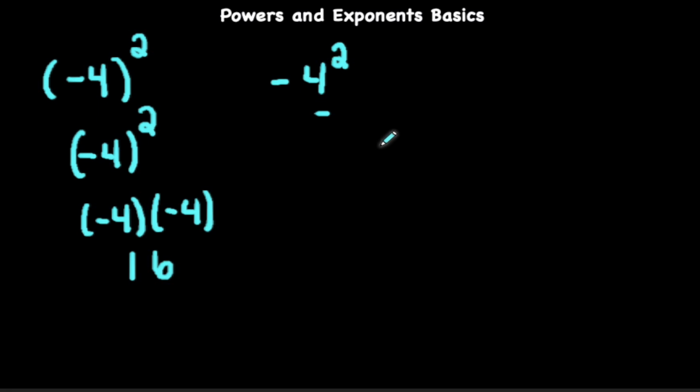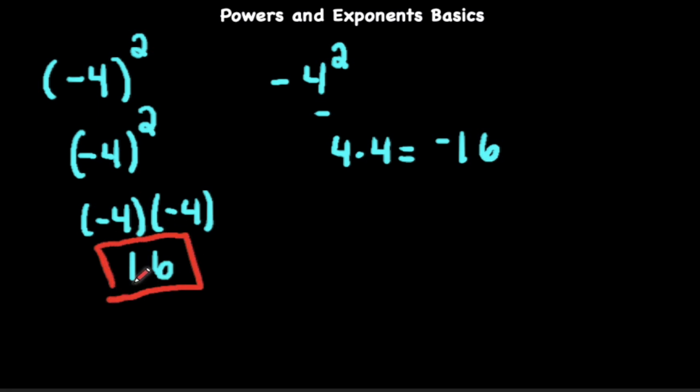All right, so what you're going to do is multiply 4 times 4, right? So 4 times 4 equals 16. Then you're going to take the opposite of whatever answer you get and attach your negative sign. Okay, so as you can see, 16 and -16 are 2 different answers. Okay, so I just wanted you to be aware of that.